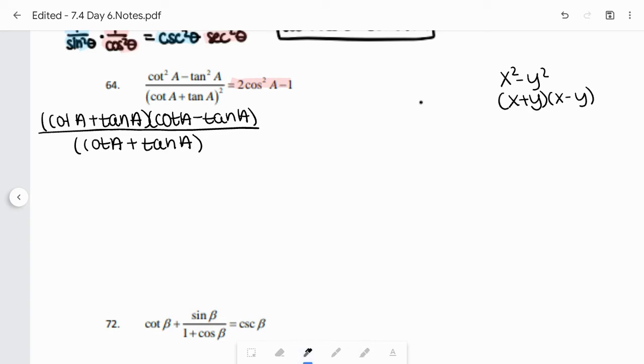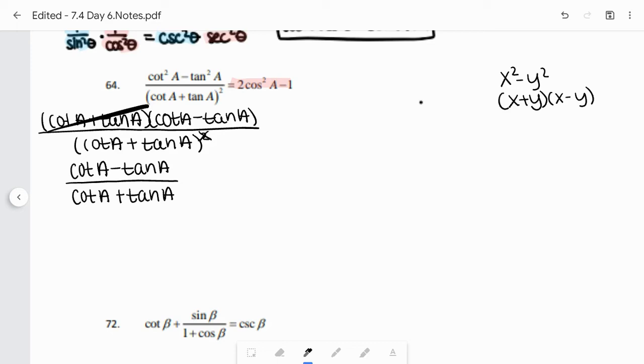Okay, so I've got cotangent of A minus tangent of A. I can cancel out, and this has a squared on there, I can cancel out that squared with cotangent of A plus tangent of A. Okay, so now I am left with cotangent of A minus tangent A all over cotangent A plus tangent A.